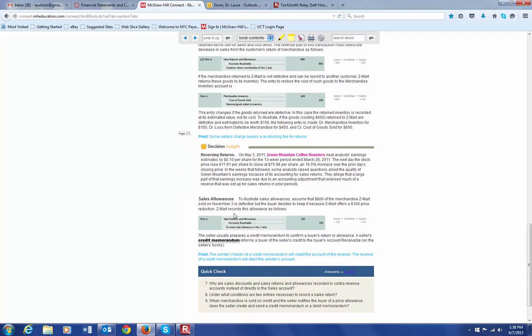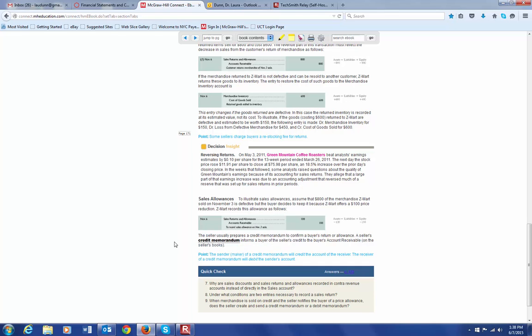Here's an allowance. Okay, assume that $800 of the merchandise was defective, but the buyer decides to keep it because Z-Mart offers a $100 price reduction. So they're not returning the merchandise to you, but Z-Mart's going to give them a $100 price reduction because of the defectiveness of it.